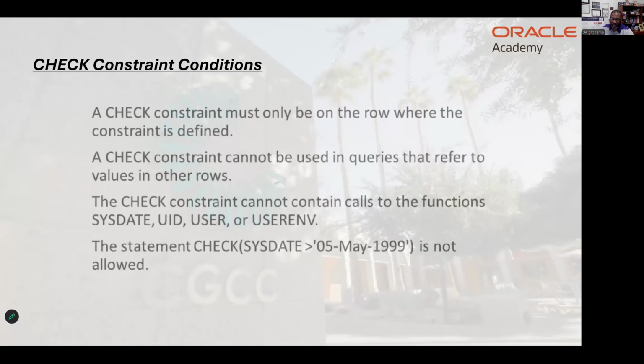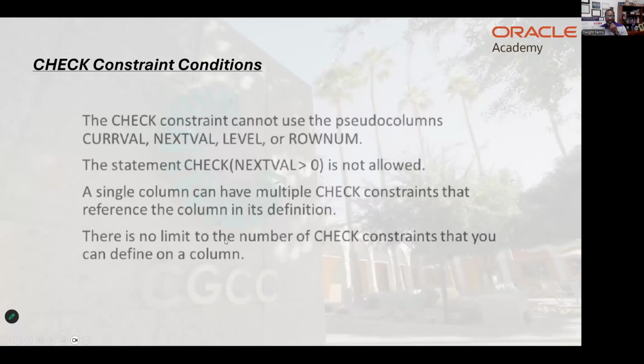So a check constraint must only be on the row where the constraint is defined, and cannot be used in queries that refer to values in other rows. It cannot contain calls to a function, so you can't use a check constraint with any of the system functions. So the statement check sysdate is not allowed. You can't do anything like that.